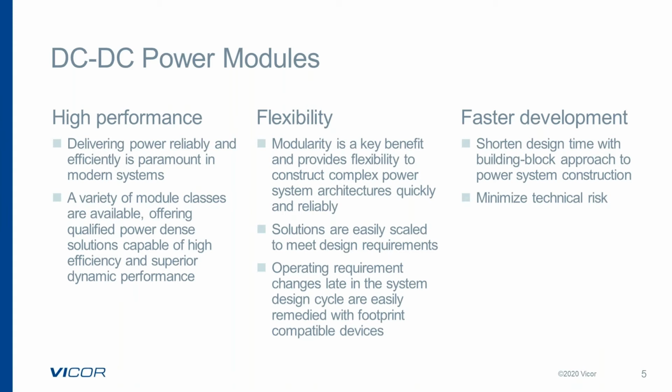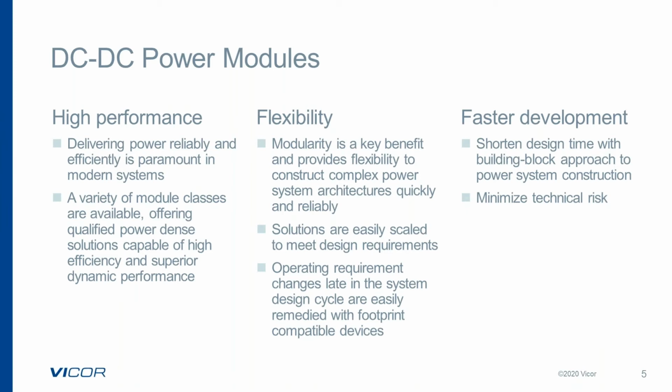So you get a high performance DC to DC converter that can be used within your power system. Because the converters are very power dense, it gives you a high level of flexibility as well. Many times the power system is the last thing to be considered within the system, and sometimes there's very little space allowed for the power system.